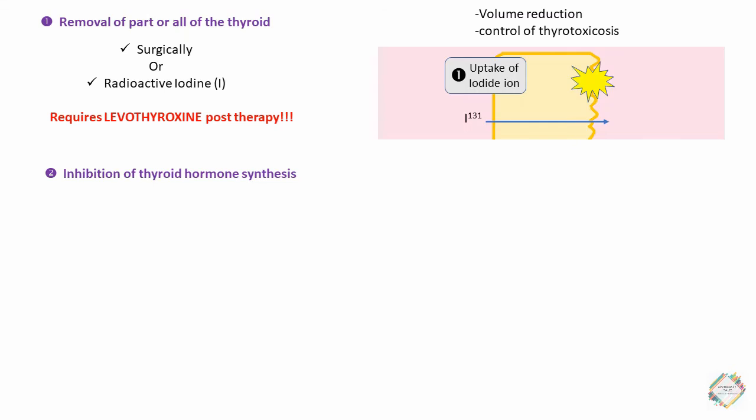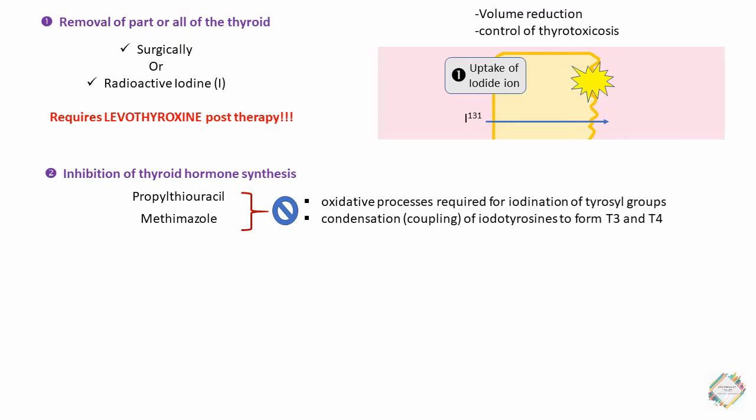The thioamides are propylthiouracil and methimazole, which get concentrated in the thyroid and inhibit both the oxidative processes required for iodination of tyrosyl groups and the condensation of the iodotyrosines to form T3 and T4. At the same time, propylthiouracil will also block the peripheral conversion of T4 to T3.